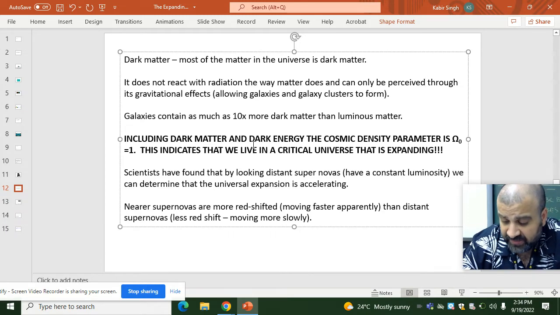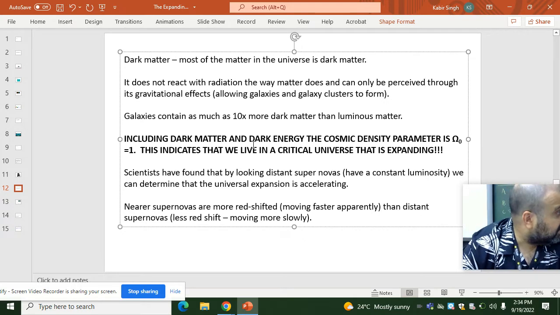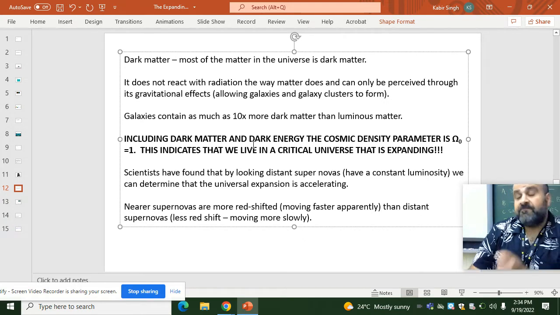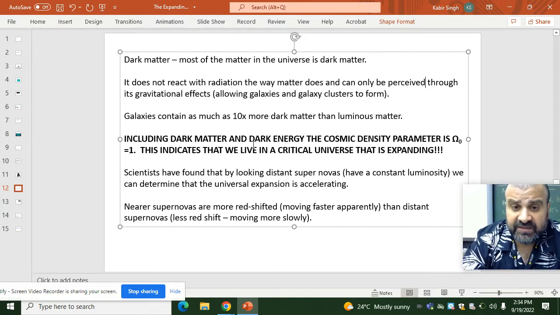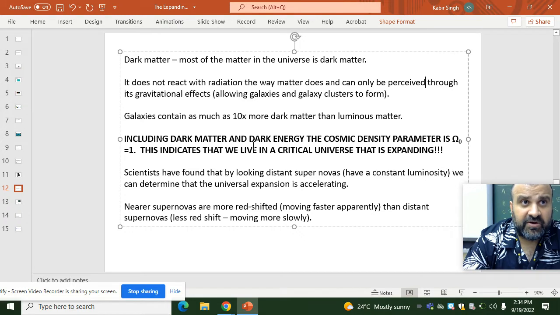The other thing that scientists have determined is that this universal expansion is increasing. There's a type of stellar phenomenon known as a supernova, more specifically a type 1 supernova. When type 1 supernovas occur, and this should have been in the video you watched, they all have a constant brightness or constant luminosity. So that gives us a thing to measure.